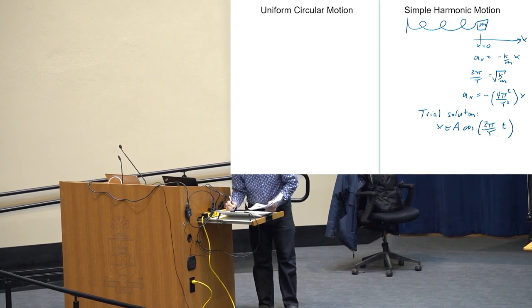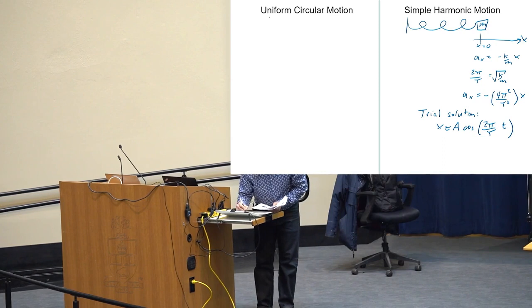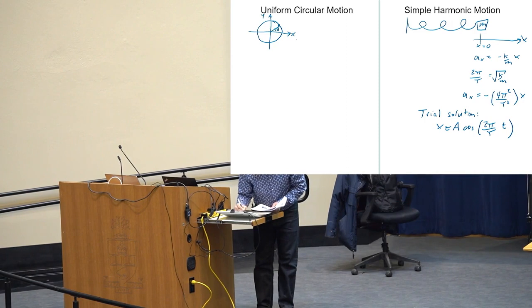Okay. So then I want to talk about uniform circular motion. You've got some object, here's the y-axis, here's the x-axis, and there's an object here at some angle theta.